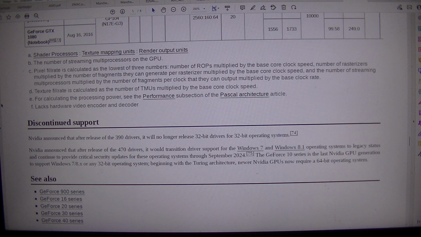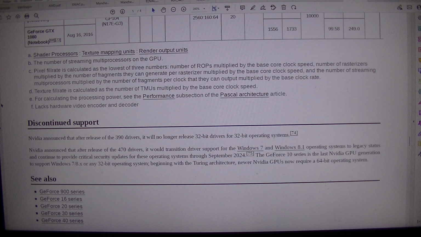The GeForce 10 series is the last Nvidia GPU generation to support Windows 7/8.x or any 32-bit operating system. Beginning with the Turing architecture, newer Nvidia GPUs now require a 64-bit operating system.